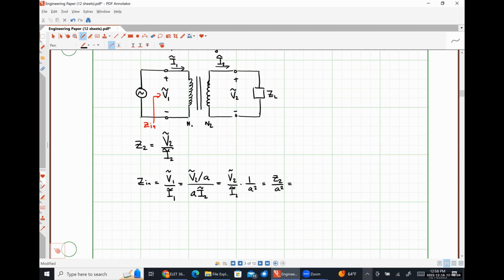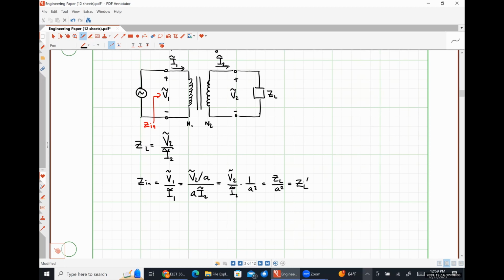Sorry, I've been using Z2 here. Realistically, this should have been ZL, so I'm going to just fix that before I confuse everyone. We're going to call this ZL prime. So this is our load impedance referred or reflected to the primary windings.